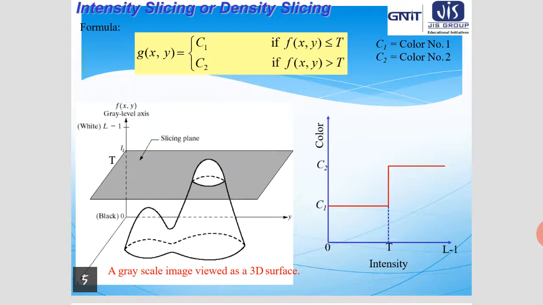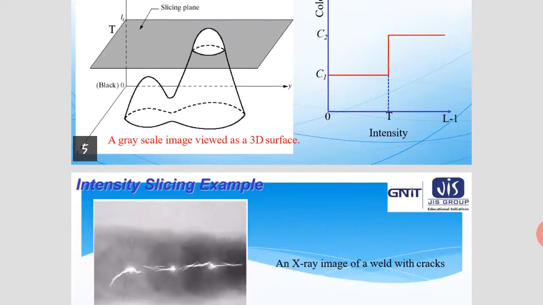We can see a grayscale image viewed as a 3D surface where a slicing plane has been given, which is just slicing out the corresponding values. The intensity of the colors c1 and c2 has also been described here. So this is intensity slicing or density slicing, which is very important in digital color image processing.